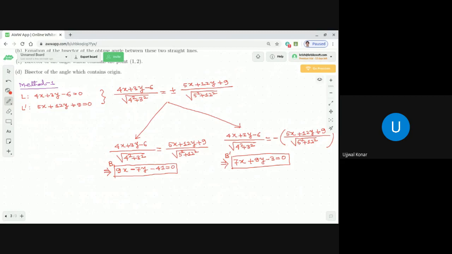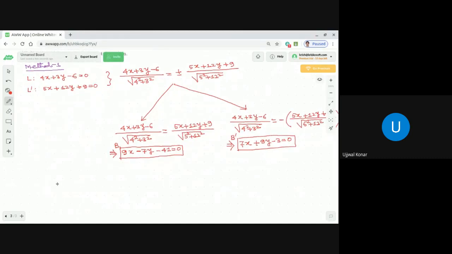In this method, we take any one of the straight lines. Suppose we take the straight line L, whose equation is 4x plus 3y minus 6 equal to 0, and the other one is B, which is 9x minus 7y minus 41 equal to 0.